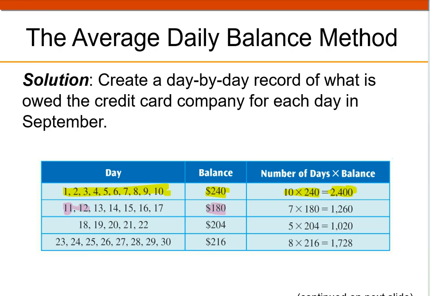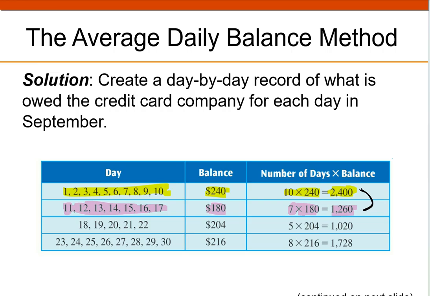But that stayed the same for these 7 days. So they took 7 times 180, which totaled those 7 days. If you added 180 7 times, you'd get 1,260. Now I'm not going to add them yet, but I could add these two to get another subtotal, but I'm just going to wait until we're done.